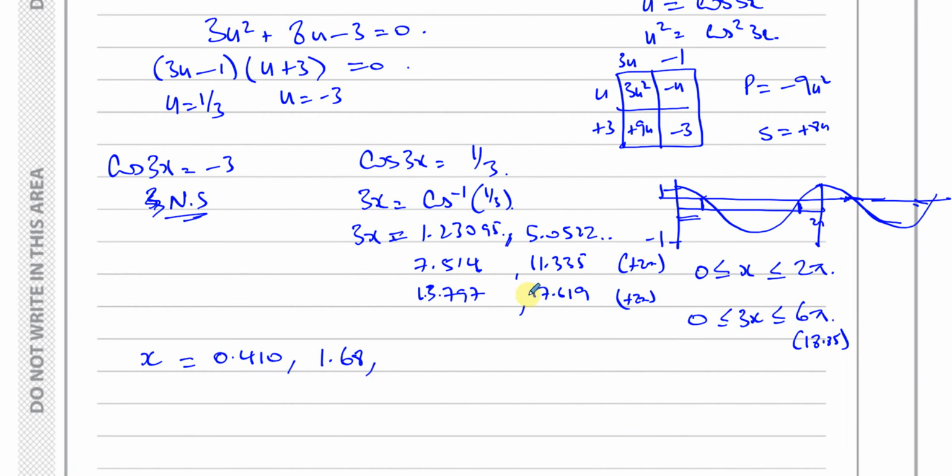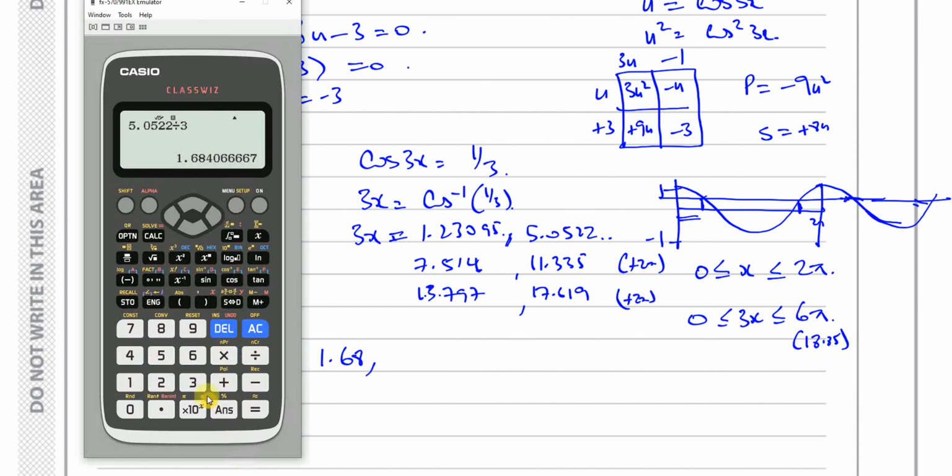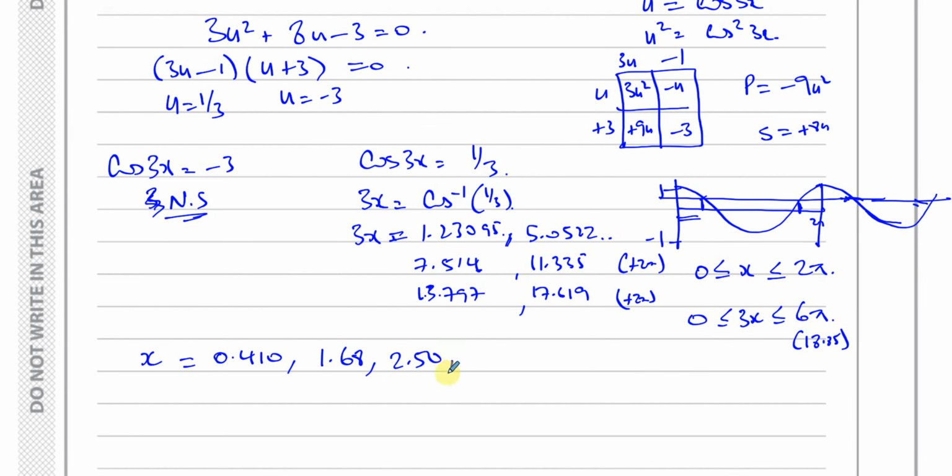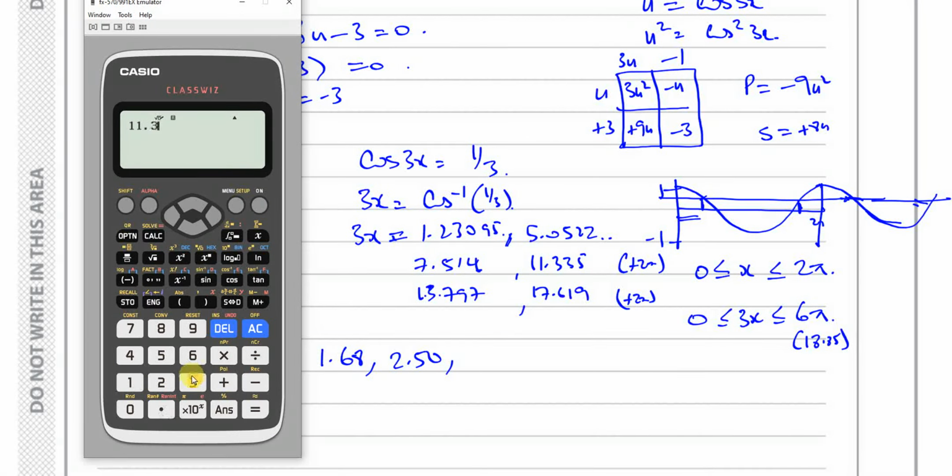And then I'm going to take 7.514 divided by 3. That gives us 2.50. And then we're going to have 11.335 divided by 3 gives us 3.78.